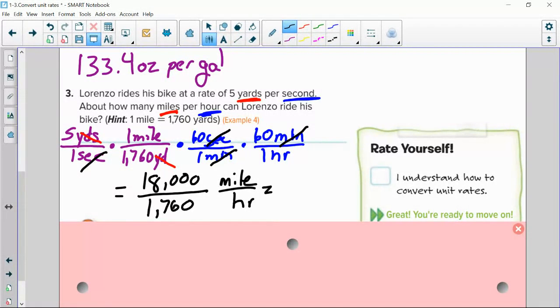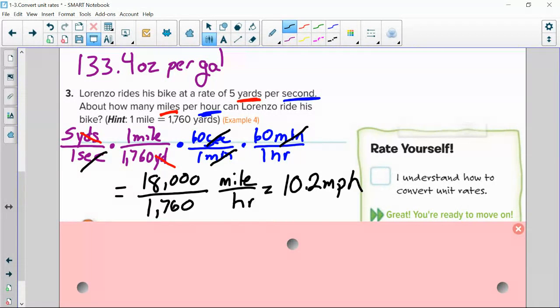Well, sorry, I thought I had the answer already written down. I believe that is the 10.2 that we are looking for. So 18,000 divided by 1,760, yes. All right, so this makes 10.2 miles per hour.